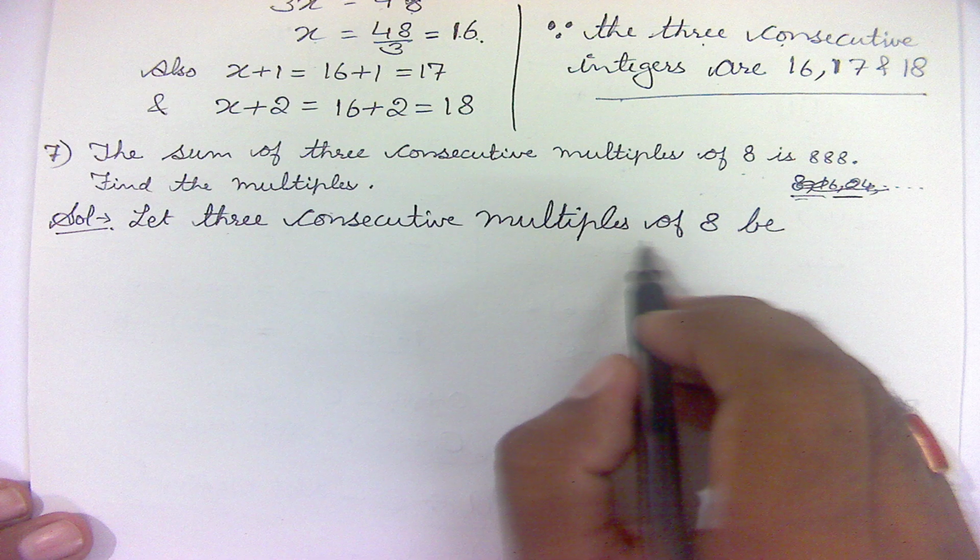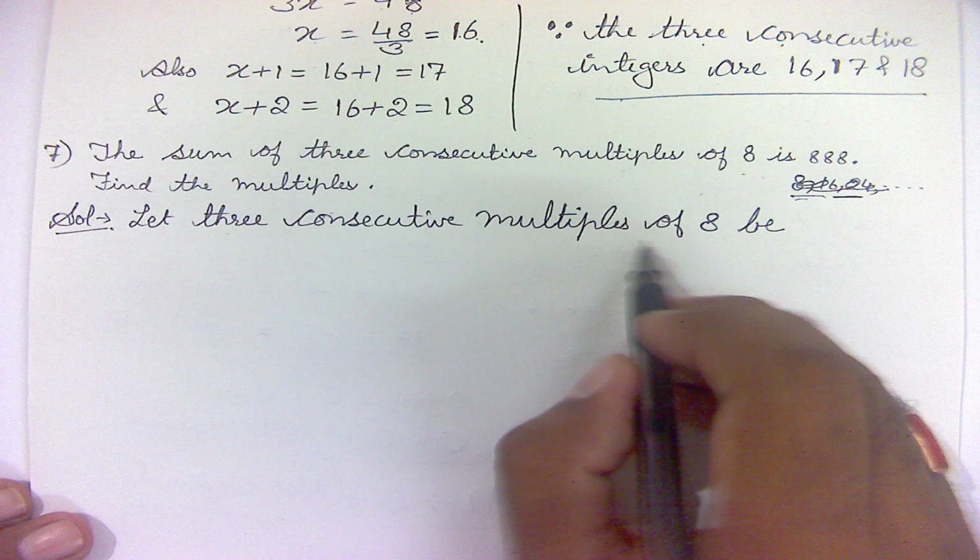And what will be x here? 864 divided by 24. Now 864, when you divide by 24, it is 36. So don't worry that you are getting the value of x here as 288 and here it is 36. This is different and this is totally different.